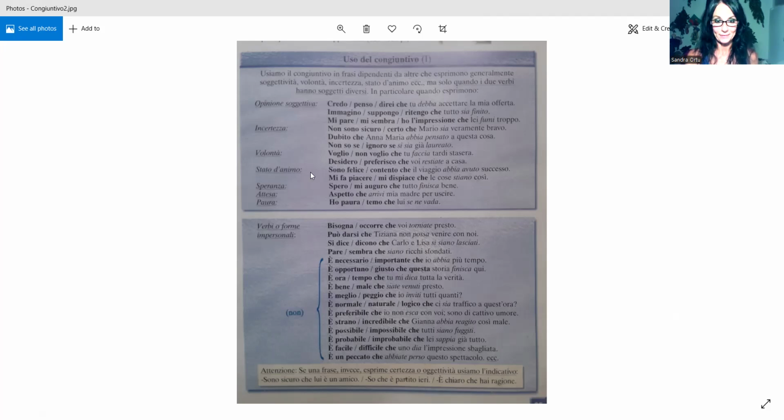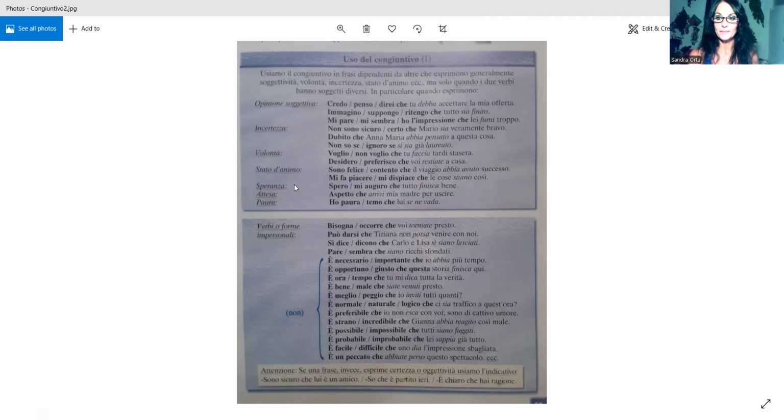State of being. Sono felice o sono contento che, which is I'm happy, I'm glad that. Mi fa piacere, again, it pleases me or I'm glad. Again, you can translate it with I am glad. Or mi dispiace, I am sorry that. I'm saying this because we have che all the time. They're always followed by che. So I think that, I suppose that, I want that, etc.